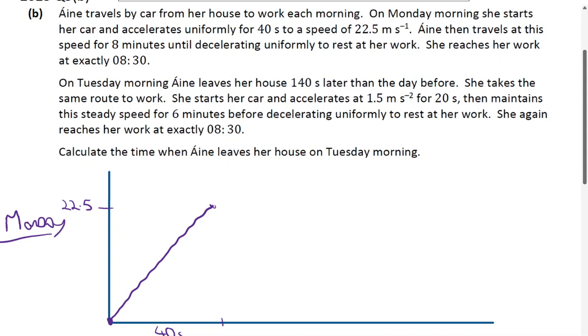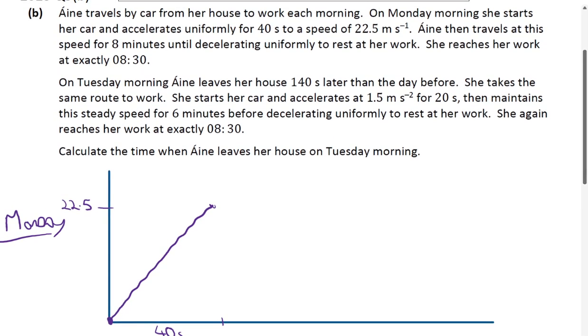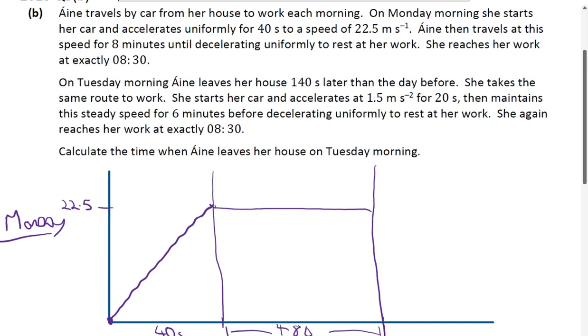Then 8 minutes, so 8 minutes in seconds is 480. So I'm going to draw a little line here and cross that. So that's our second region. And then she decelerates.